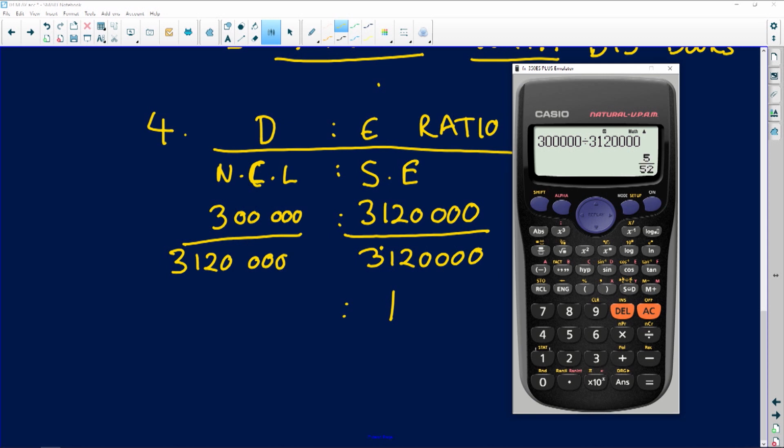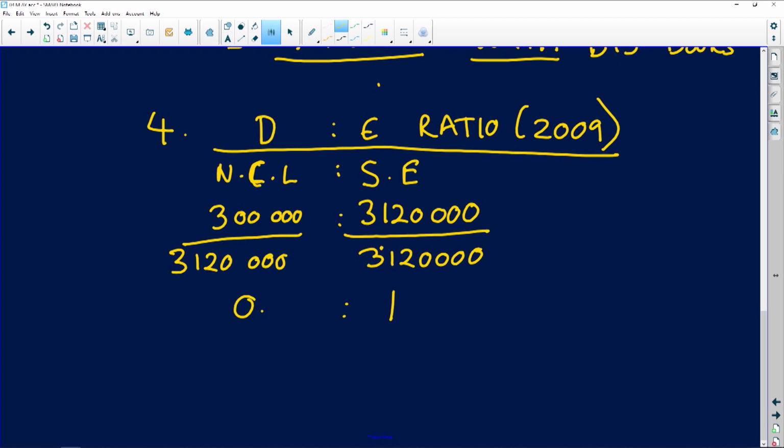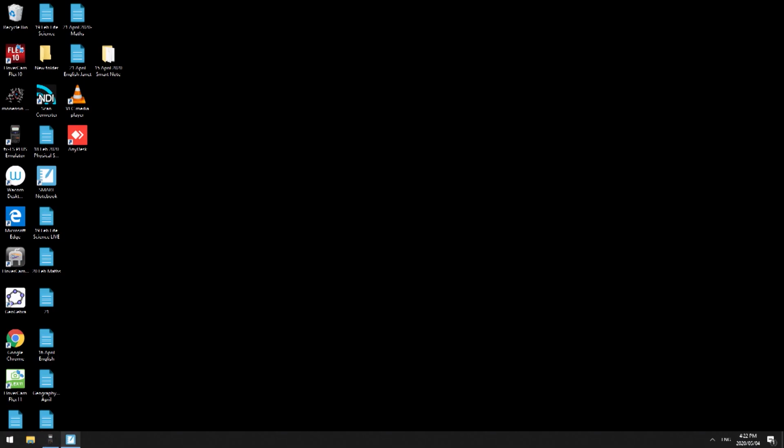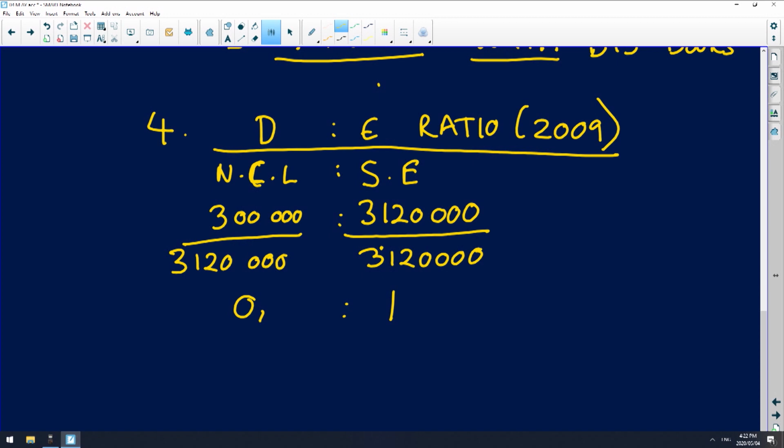Okay, and we are getting a ratio of 0,09, or if I round that, let's just go back there. I just want to quickly check. Okay, so we're getting a ratio of 0,1 is to 1. Okay, I just rounded it off to the nearest decimal.